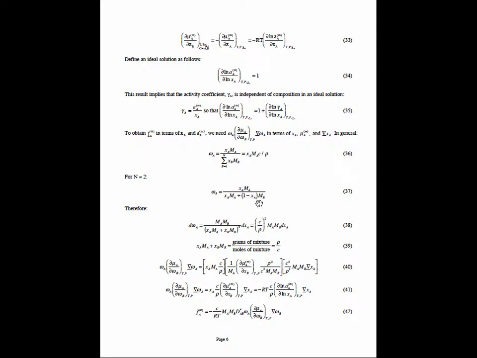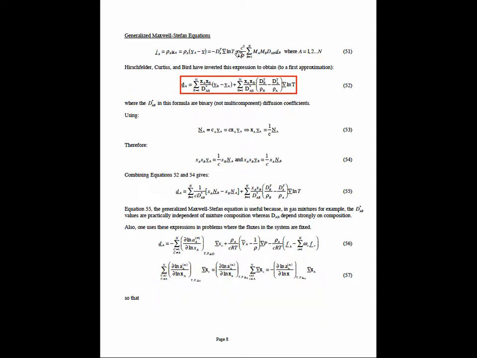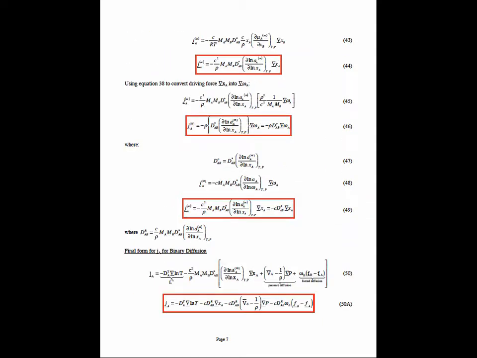I'm not going to belabor in detail the algebra in the derivation that follows, but we basically can write the mass flux ultimately as shown here at the bottom of the page. Using the relationships between mass fraction and mole fraction, we can write the mass flux in terms of a gradient in mole fraction, as well as in terms of a gradient in mass fraction, as we saw earlier.